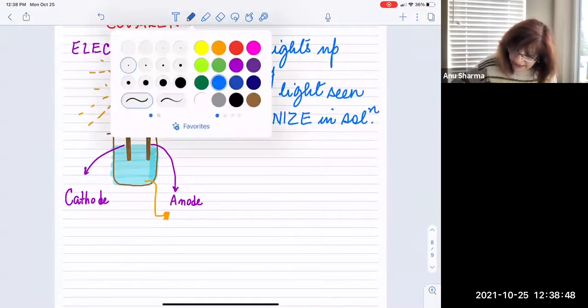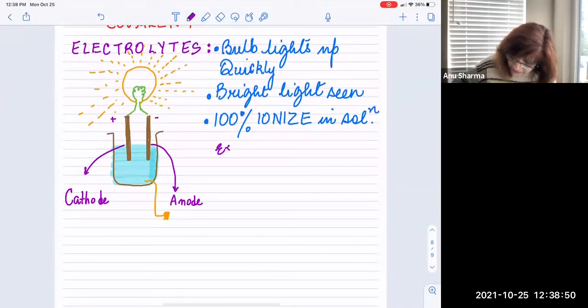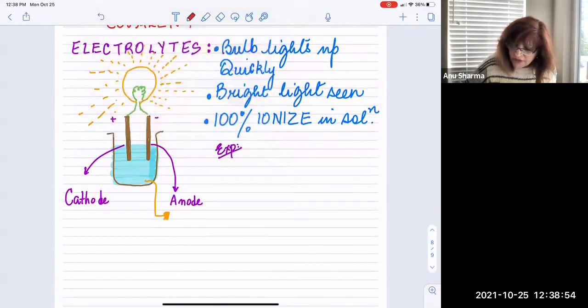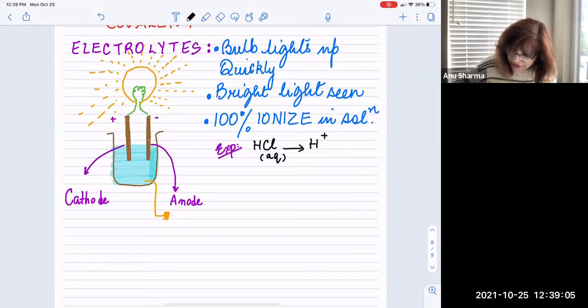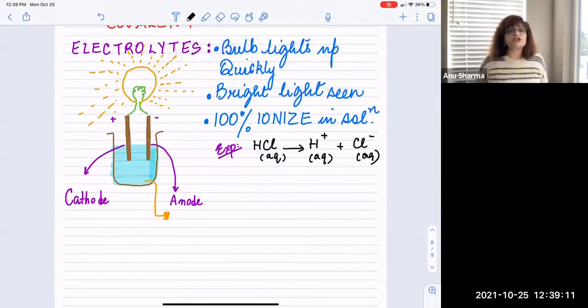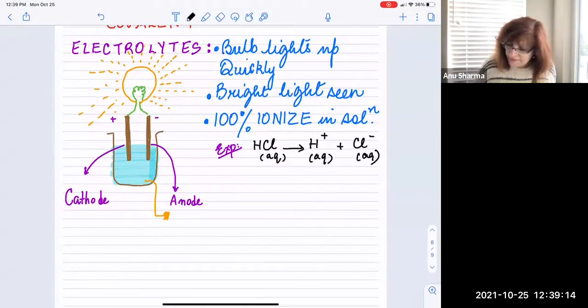For example, take HCl. HCl aqueous means HCl dissolved in water. This is going to give you hydrogen ions, aqueous, and chloride ions, aqueous. So 100% ionization in water.